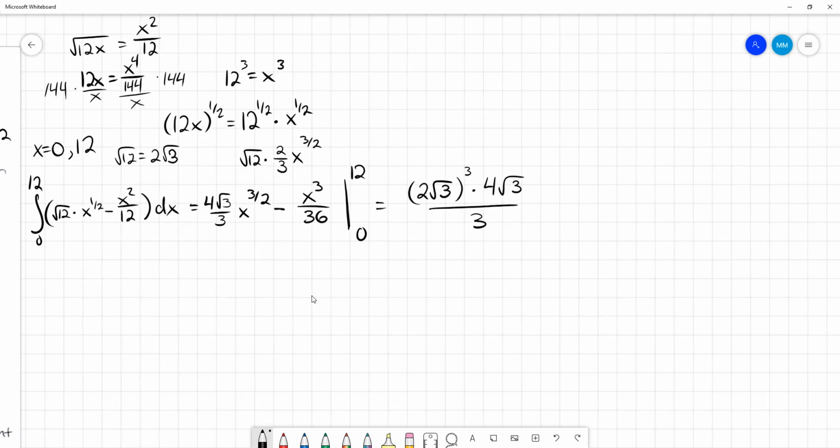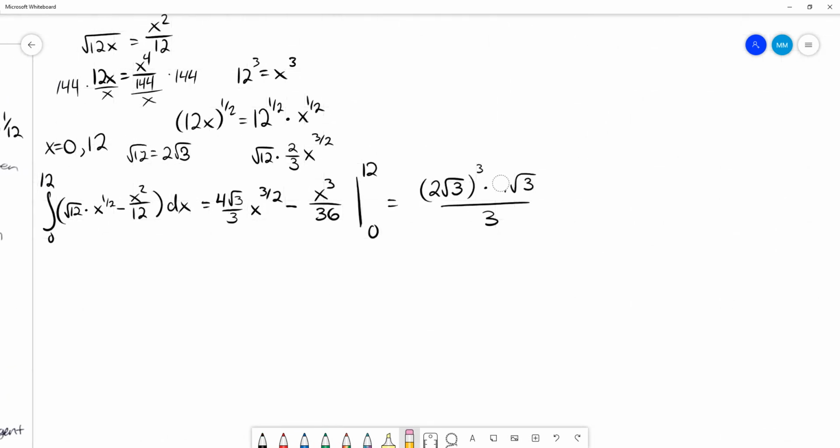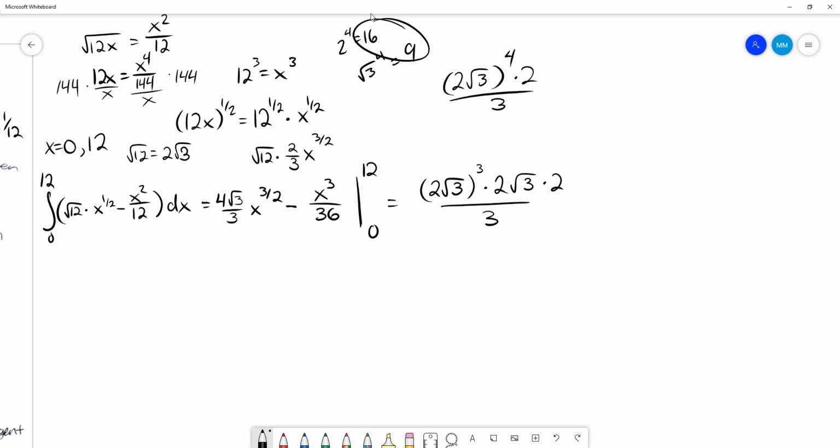Now, to simplify that a little bit further, I could turn that back into a 2 and then just have that extra 2 separately, which would make this actually to the 4th. So it'd be 2 square root of 3 to the 4th, which is going to get rid of that radical. So it becomes this. And so, of course, 2 to the 4th is 16. Square root of 3 to the 4th, well, it's going to be 3, and then that's squared, so it's going to be 9. So it's going to be 16 times 9.